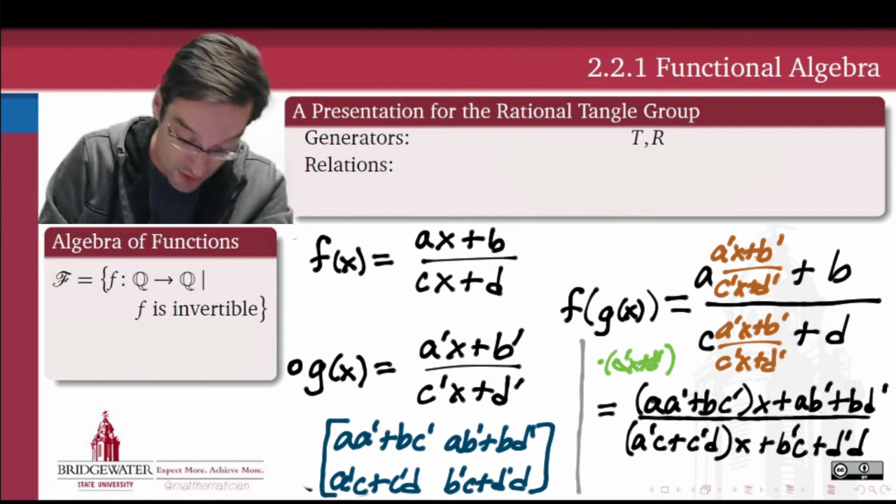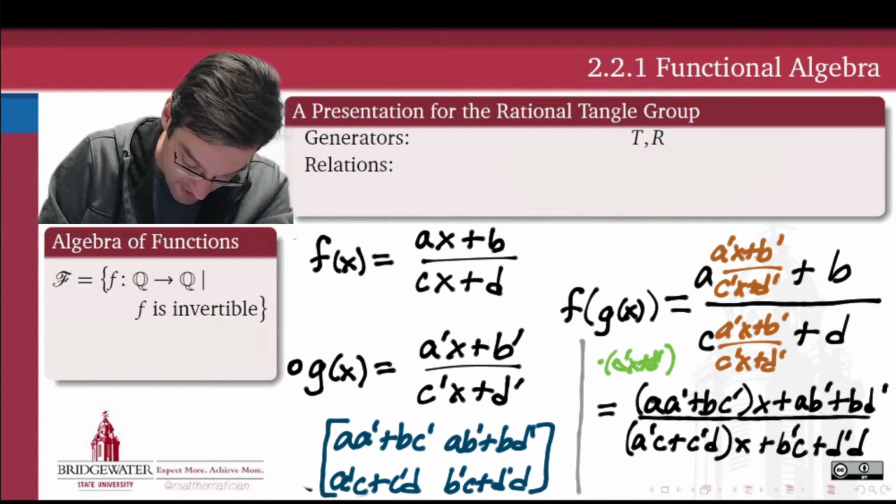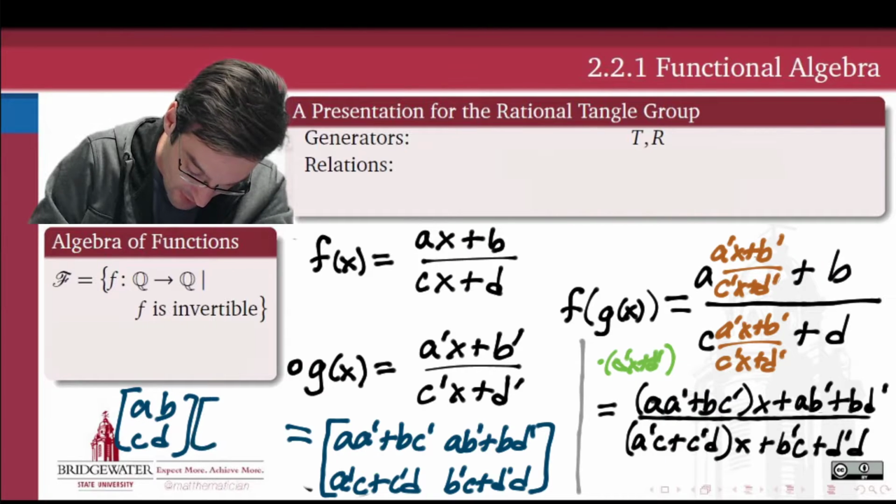This is sort of meant to look familiar. In fact, it's meant to look exactly like, because it is exactly, the result of multiplying the matrix A B C D by the matrix A prime, B prime, C prime, D prime.